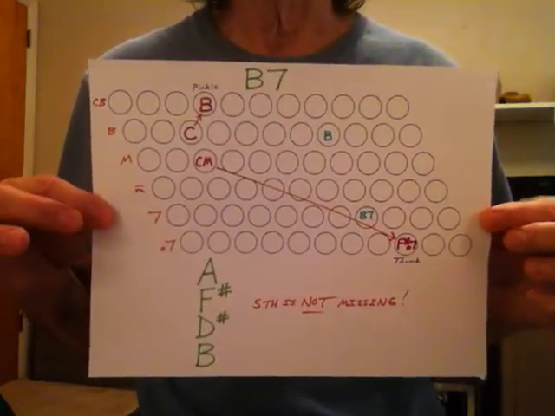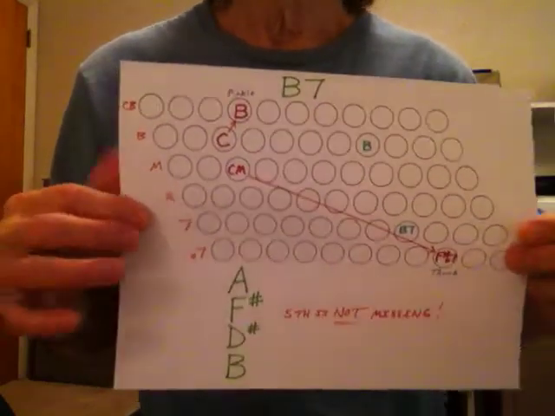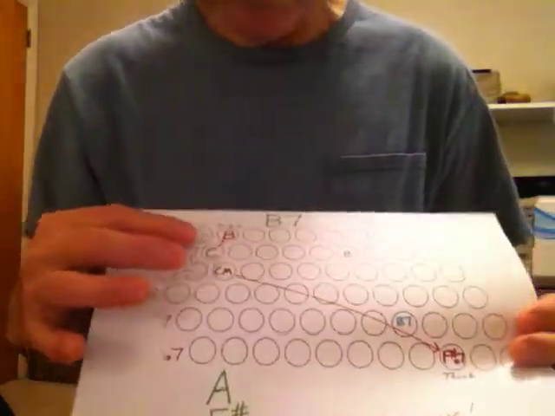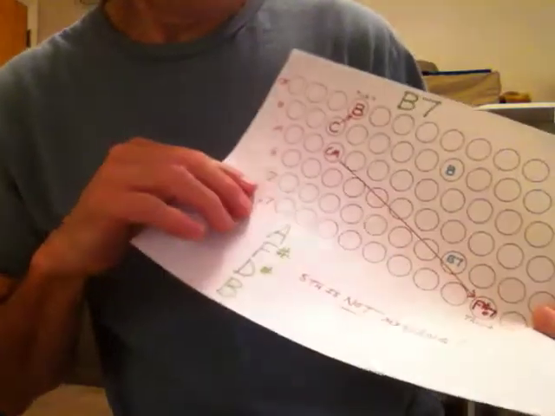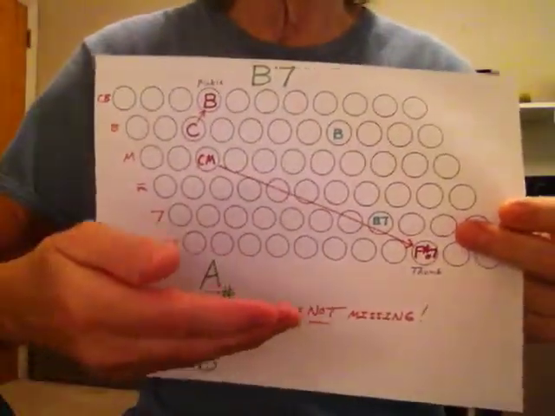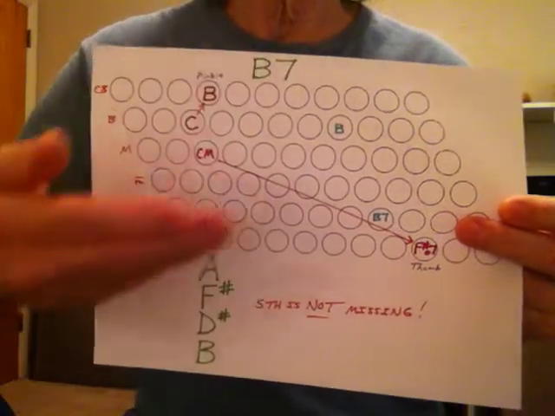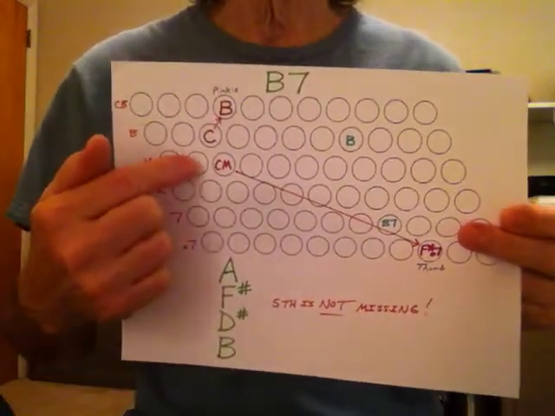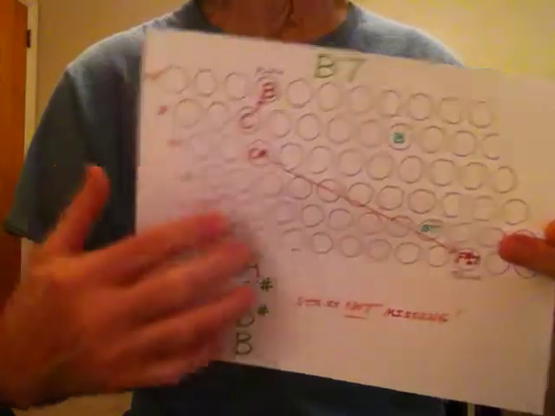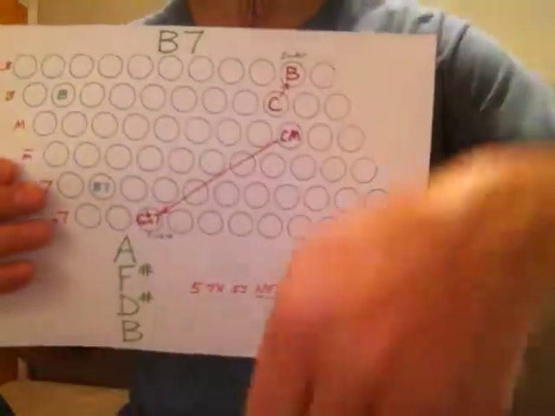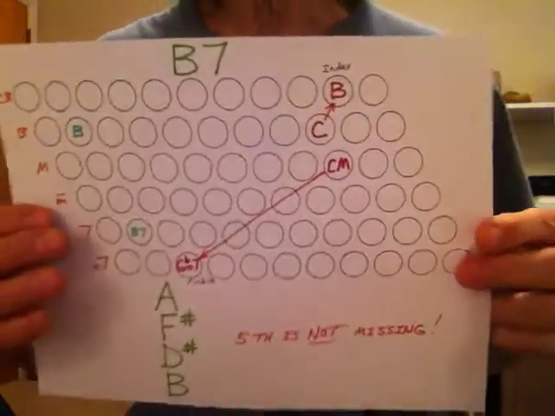This is very important. Now, with this move, you're kind of moving with your hand up toward the top of the accordion. But you can go from C major to B dominant 7 the other way, moving kind of down toward the bottom of your accordion.